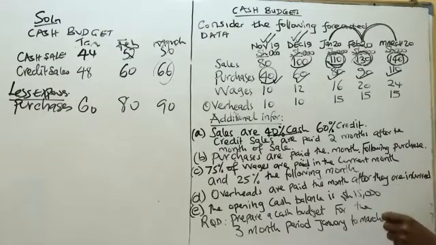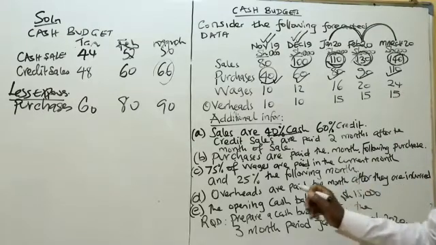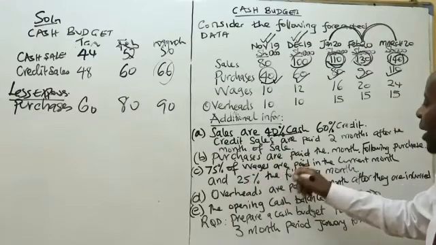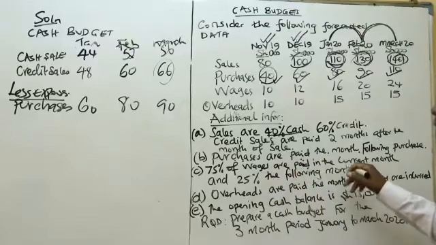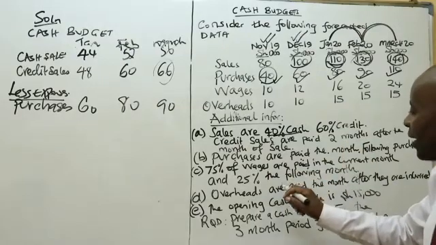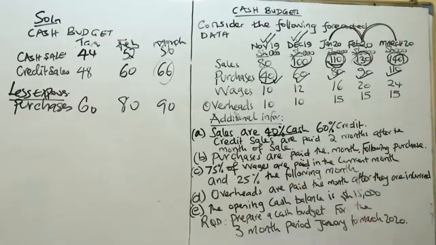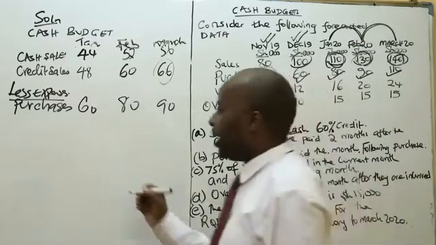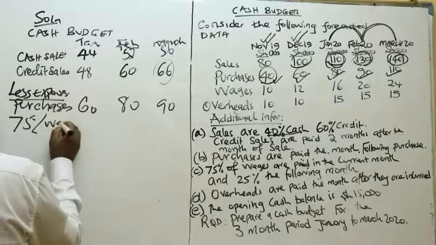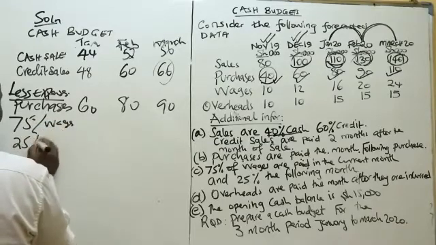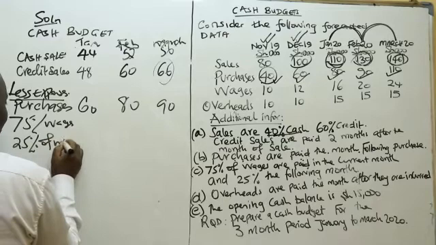Now go to wages. Wages, we are told 75% of wages are paid in the current month, and 25% the following month. So I would want you guys to give me this 75% of the wages, and then we have a row here for 25% of wages.